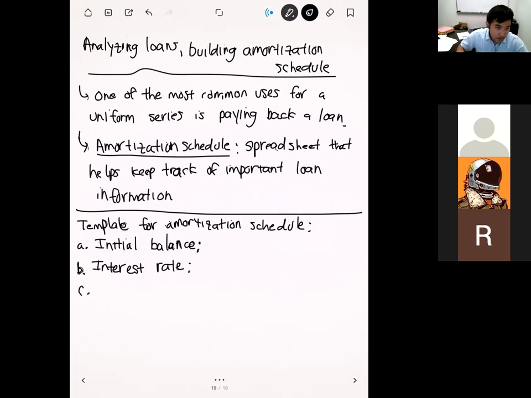Next, you have the number of payments, or the number of periods that you're going to be using to pay back the loan.